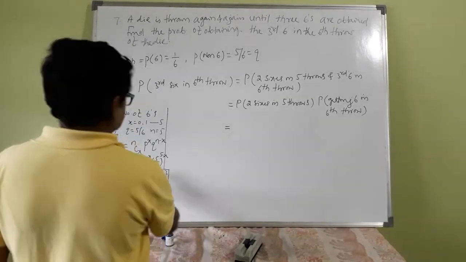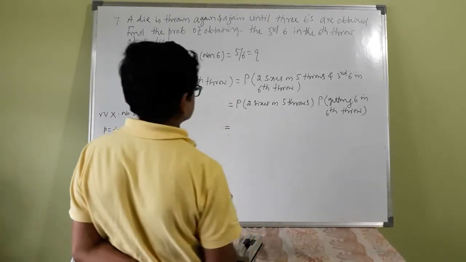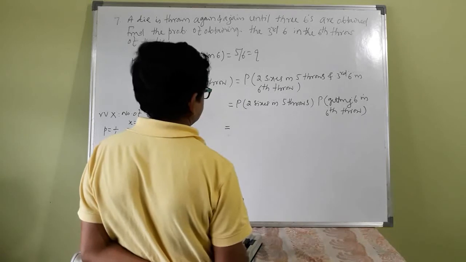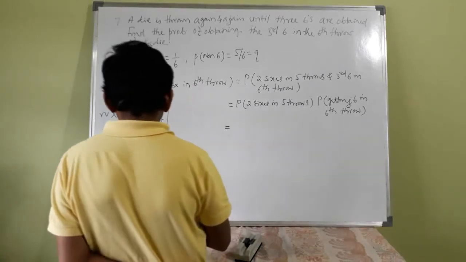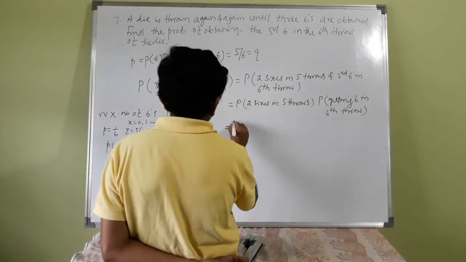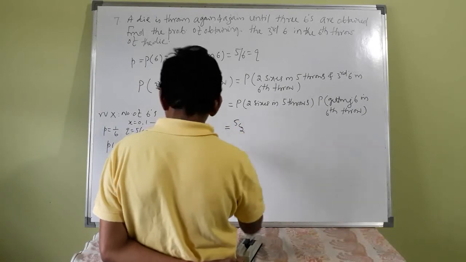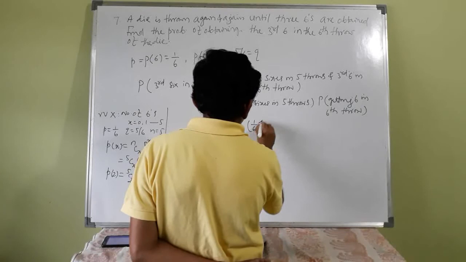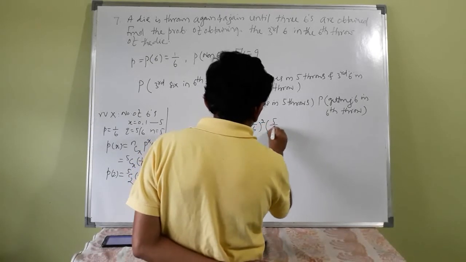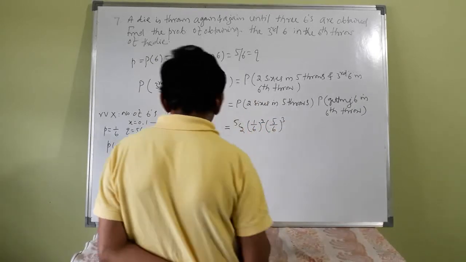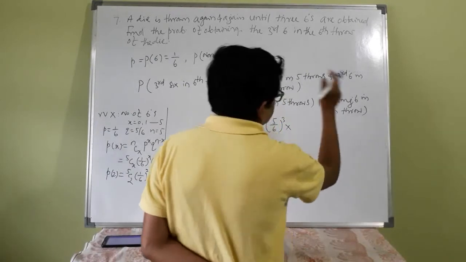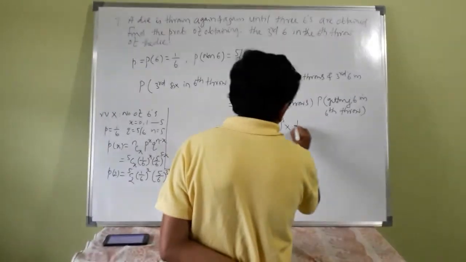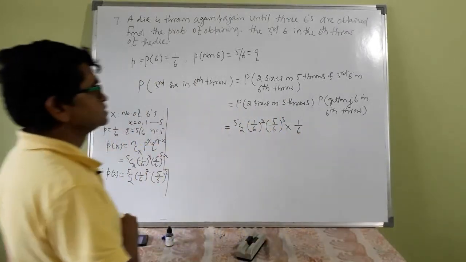So this you have to write here. This is the probability of 5C2 into 1 by 6 raised to 2, 5 by 6 raised to 3, into the probability of getting a 6 in the 6th throw, which is independent. The probability of getting a 6 is 1 by 6.